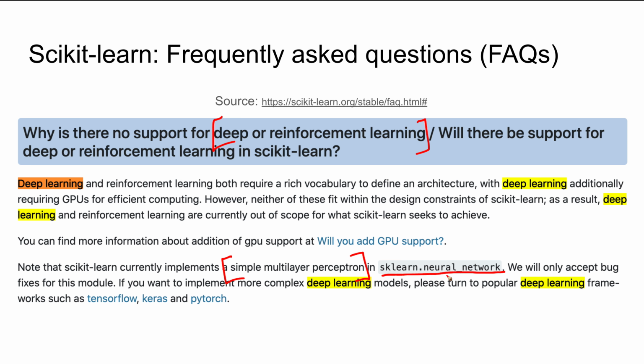For deep learning, the packages would be TensorFlow, Keras, and PyTorch. We'll be going through these in future videos, but for this series, where we are focusing primarily on scikit-learn, we won't be talking much about deep learning or reinforcement learning aspects.